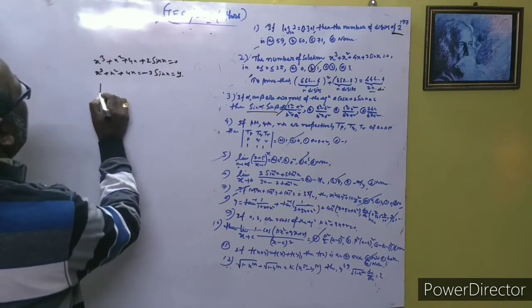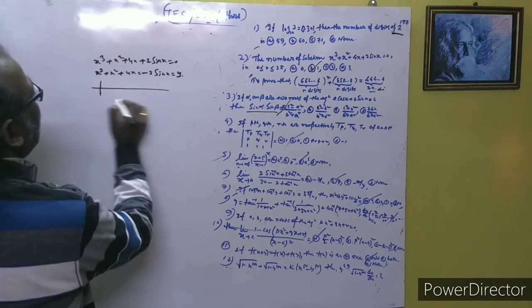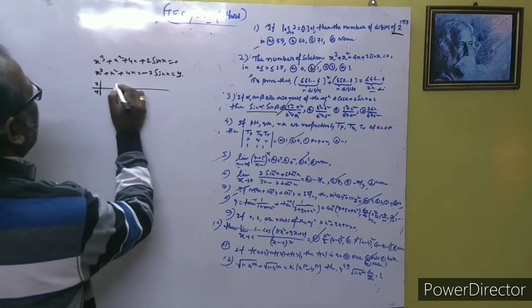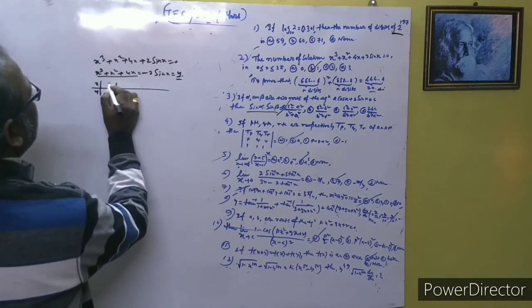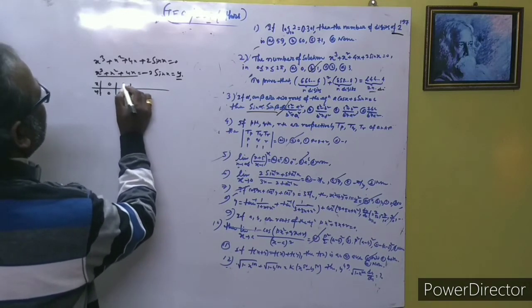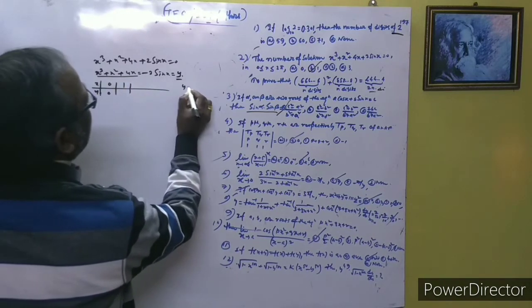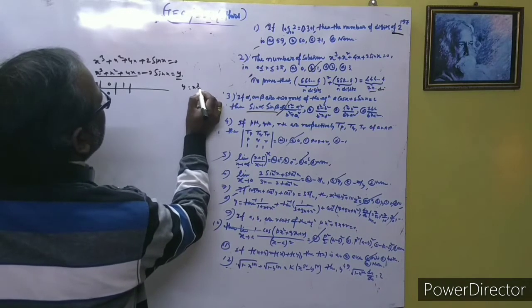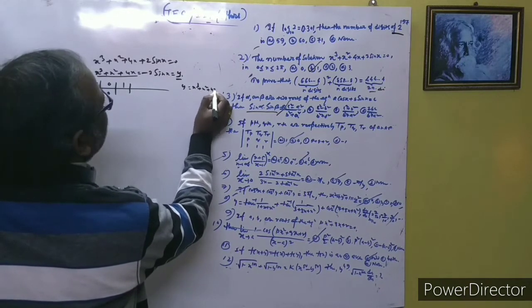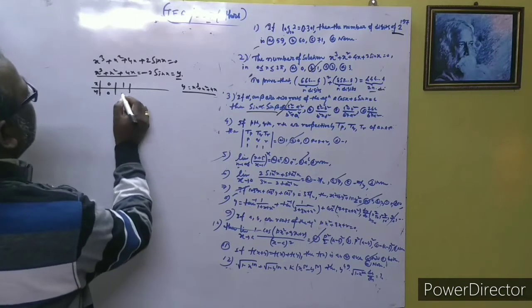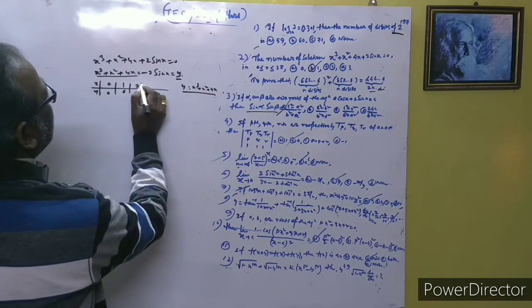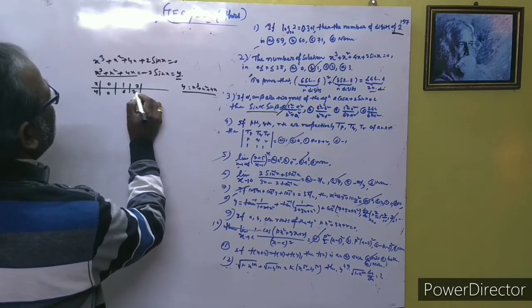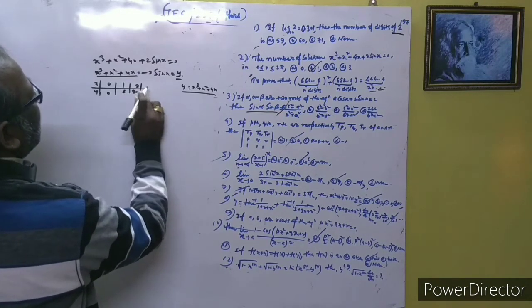So now take a table for x and y. If we put 0, then we get 0 here. If we put 1 for the curve y equal to x cube plus x square plus 4x, then we get 6 here. If we put 2, we get 20. Like that.